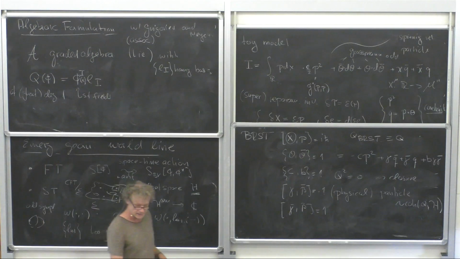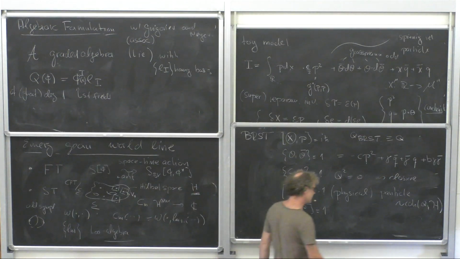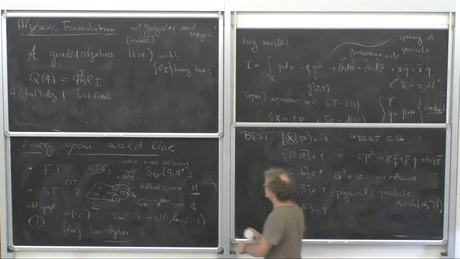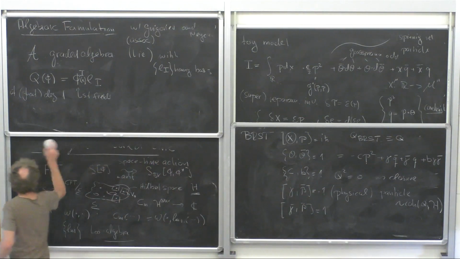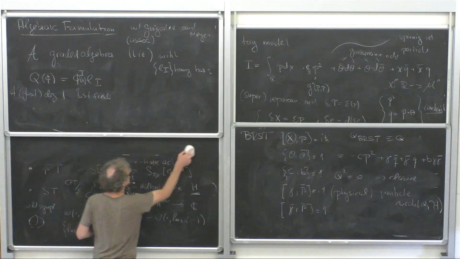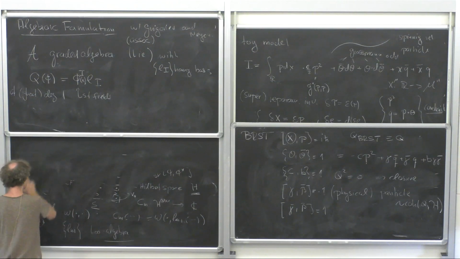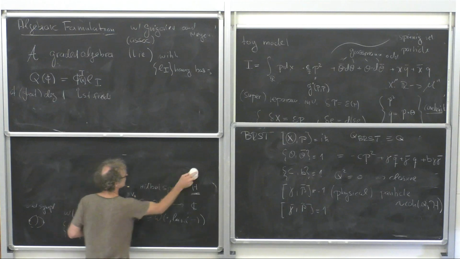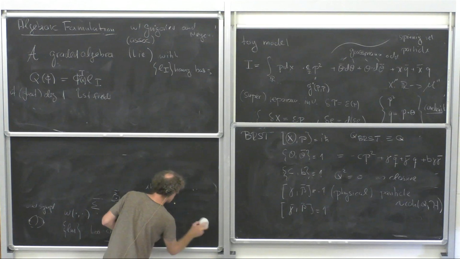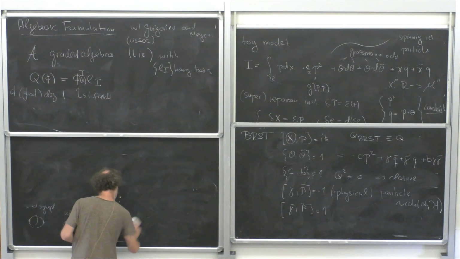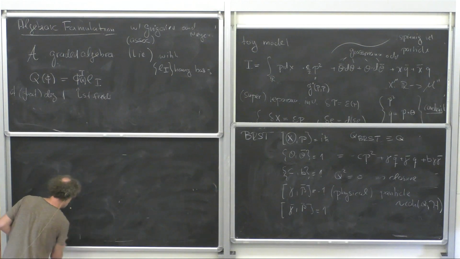Okay, so then, given this structure, I can already construct a homological vector field, or a BV vector field, in space-time, simply by doing the following instruction.